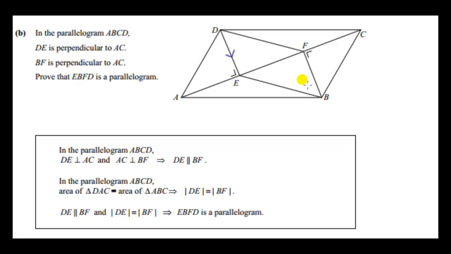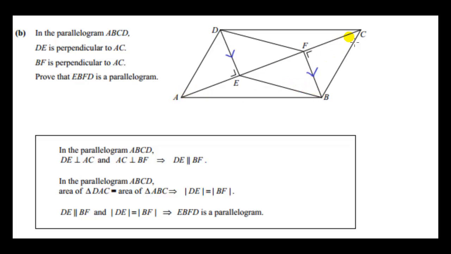So this line must be parallel to this line here. They make the same angle, so you could say that we have corresponding angles. This line AC is a transversal that cuts across these two lines and makes the same angle with both of them. So DE is parallel to BF.